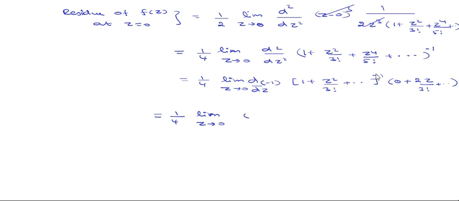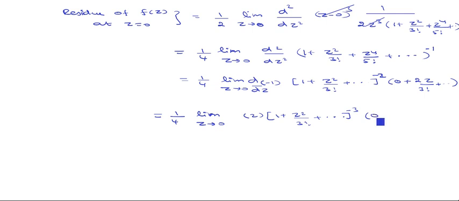So it will become, so this is minus 2. So minus 1 minus 2, it's 2, 1 plus z square by 3 factorial plus etc. power minus 3, and we will differentiate inside the bracket. So we will get the same thing.